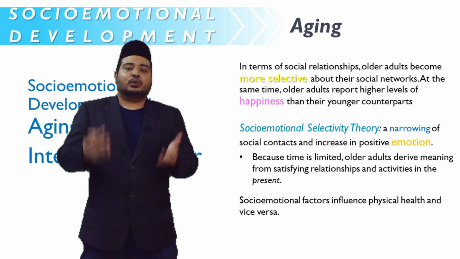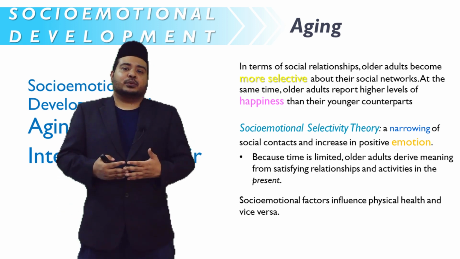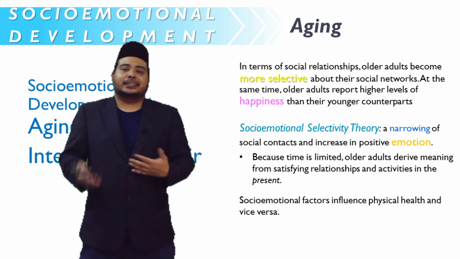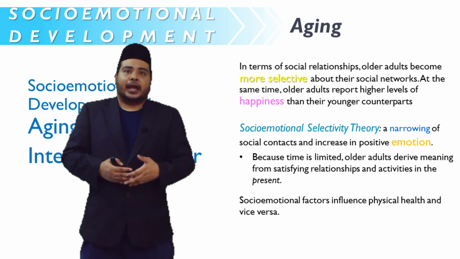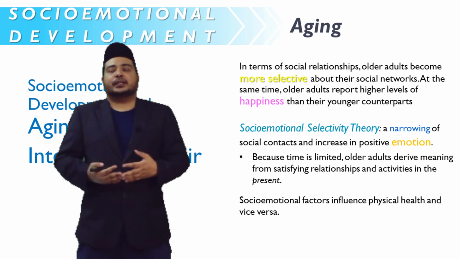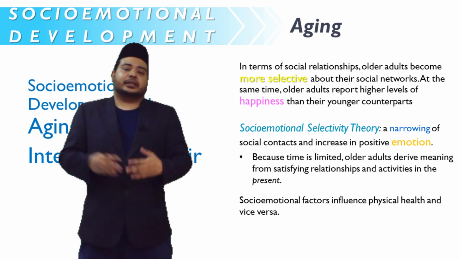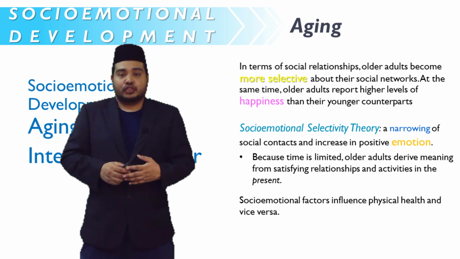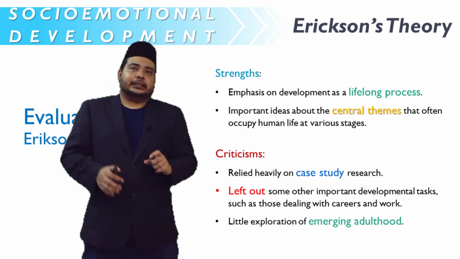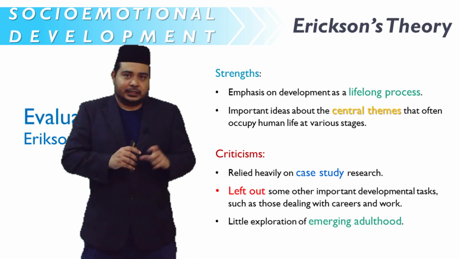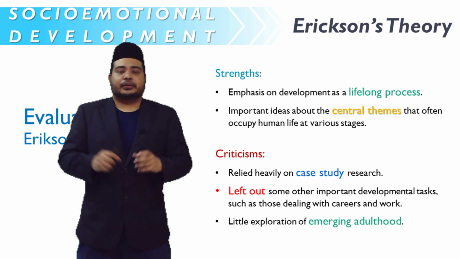So socio-emotional factors influence their physical as well as their mental health, and vice versa. If they don't have a good socio-emotional state, it will have negative impacts on their physical as well as emotional health. So those are all important stages and aspects in the socio-emotional development of a person.